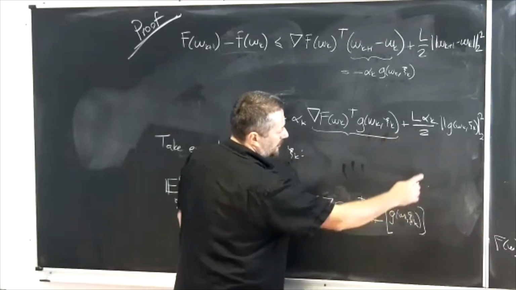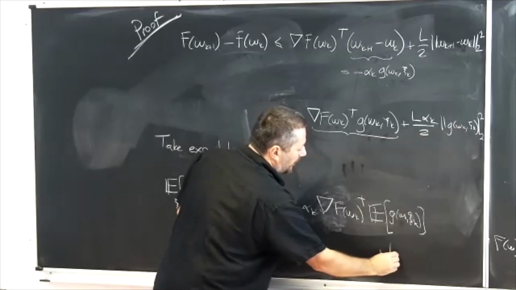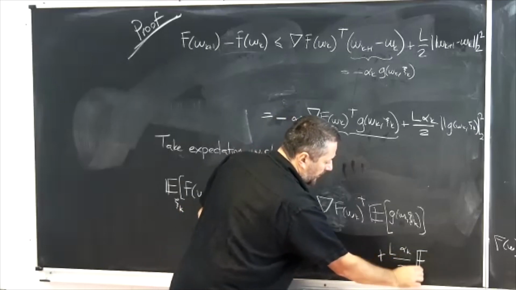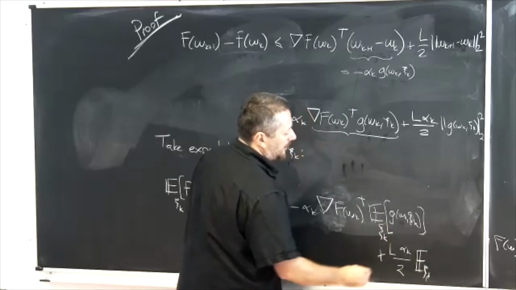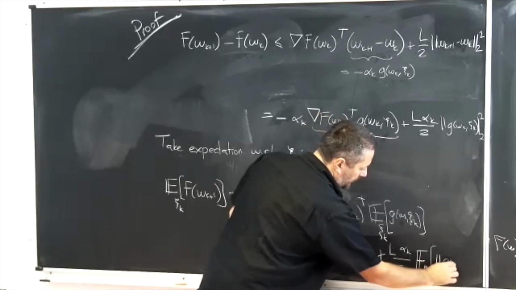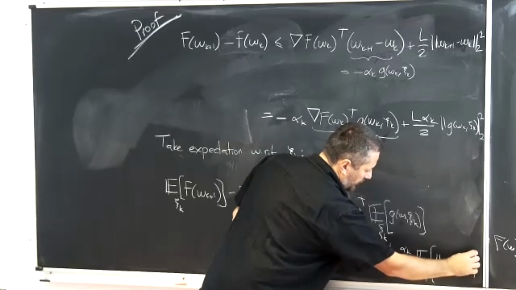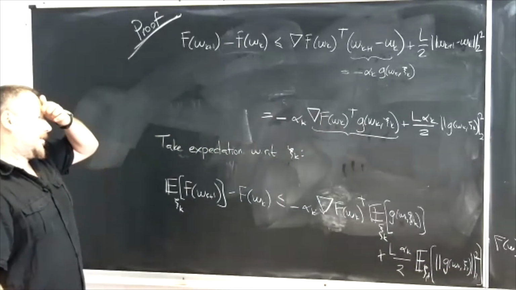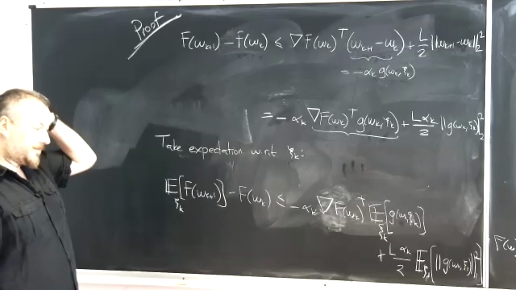And then the expectation of this, but this term has k in it, so plus L alpha k over 2, the expected value with respect to ck of the square of this norm. And okay, this is exactly that.